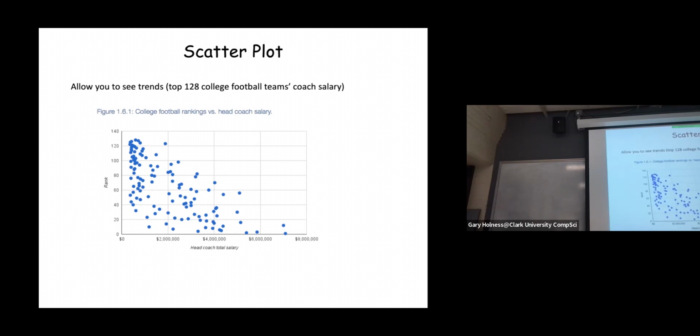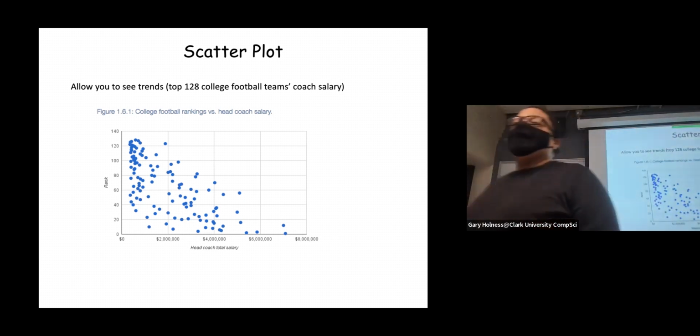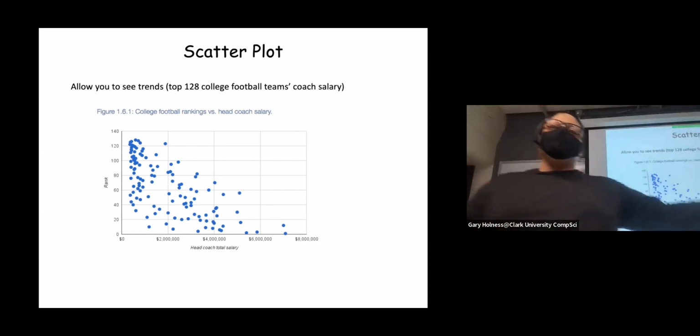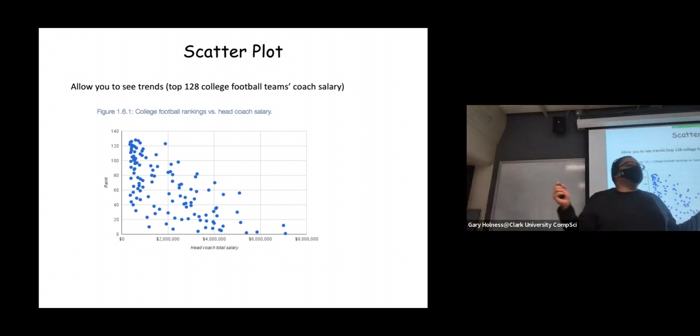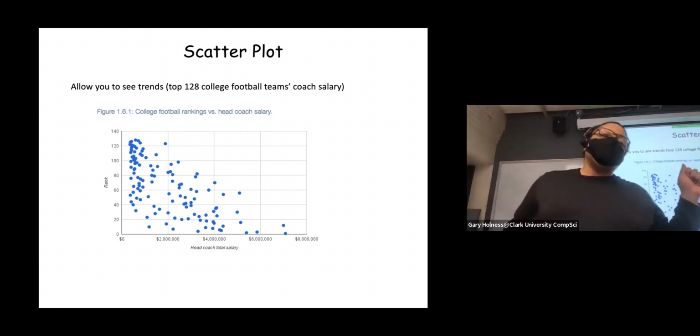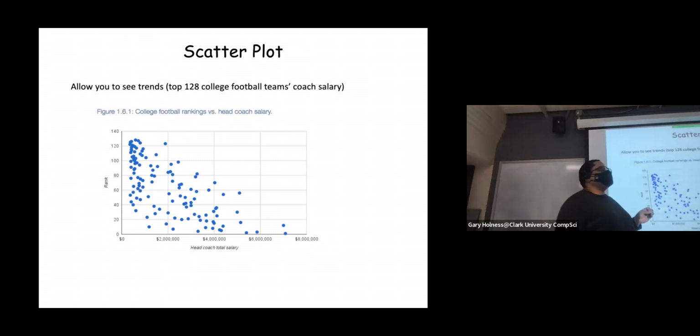Now that just says that there's something about the relationship between ranking and head coach salary. Now I'm not going to comment on the socially redeeming or non-redeeming qualities of how colleges spend money on one thing versus another. That's a discussion for a different class. We're just talking about the data and how the scatter plot can represent relationships between two measurements.